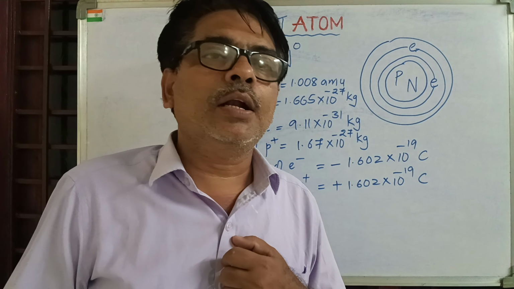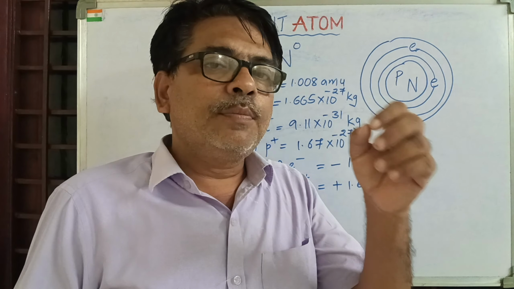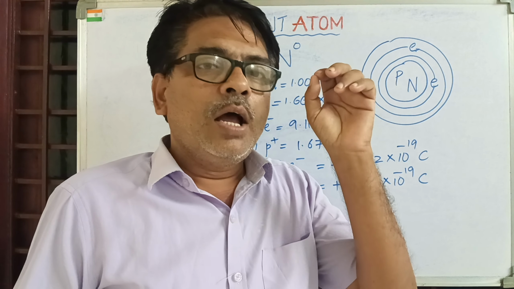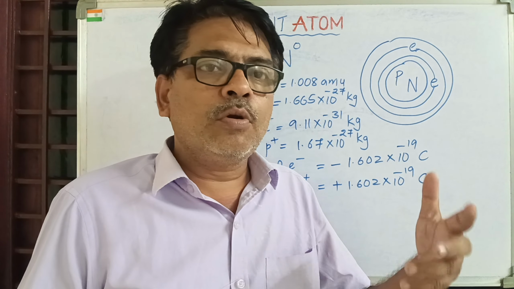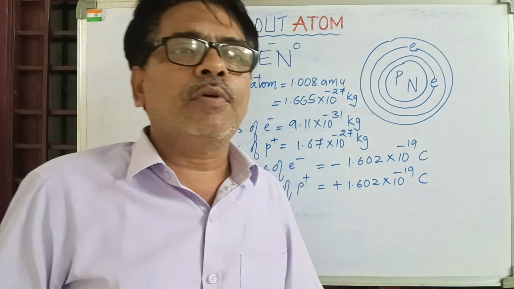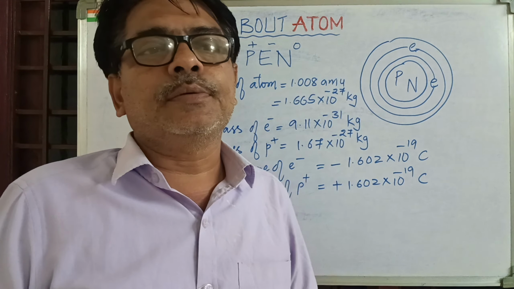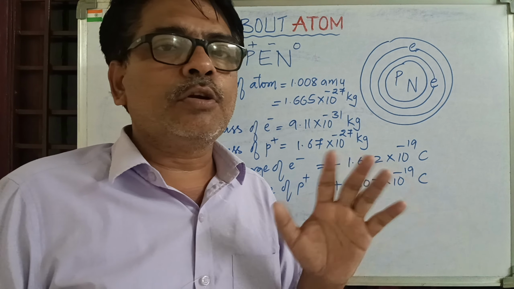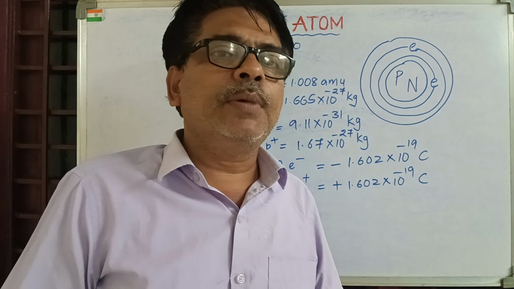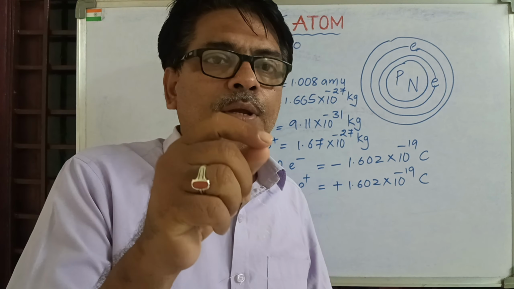What do you mean by the atom being electrically neutral? Take, for example, hydrogen, whose atomic number is 1. Then helium, lithium, beryllium, boron, and carbon, whose atomic number is 6. What do you understand by this? 6 indicates the atomic number.